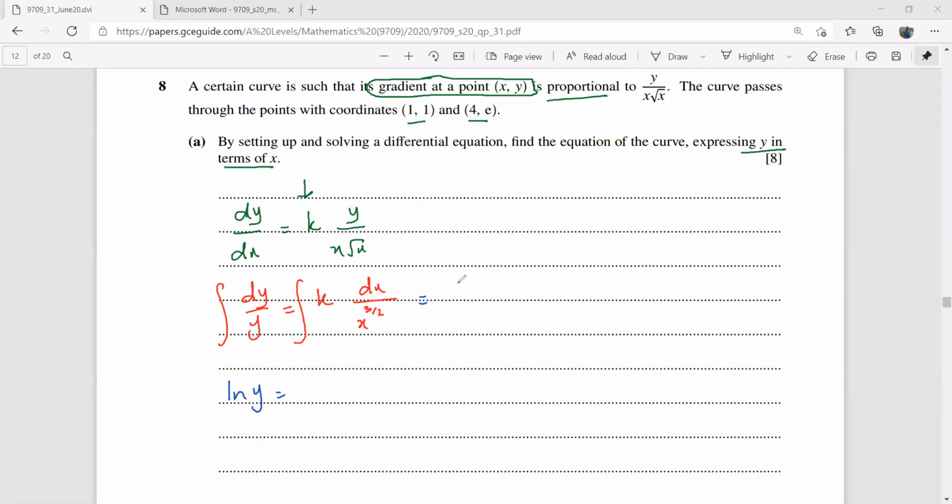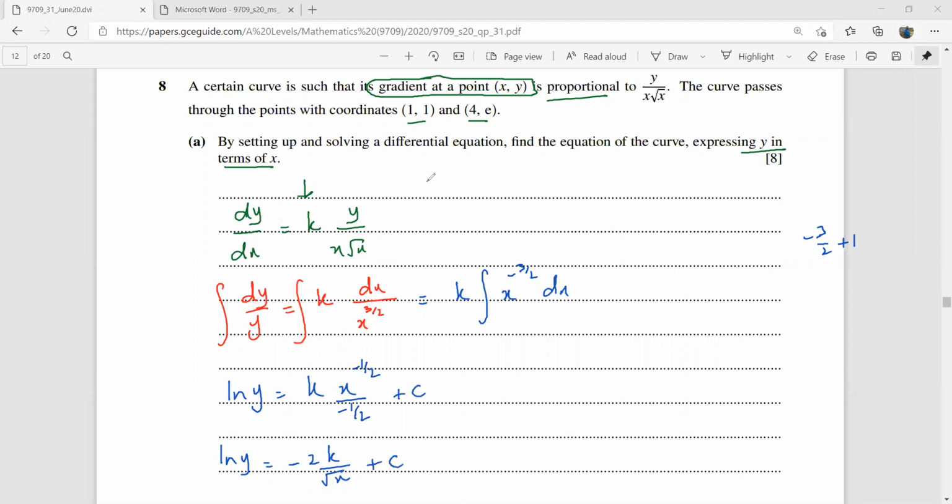And you can write this as k x raised to power minus 3 by 2 dx. So this is k x raised to power, now minus 3 by 2 plus 1 is going to be minus half, over minus half, plus c. This gives you ln y equal to minus 2k over under root x plus c.